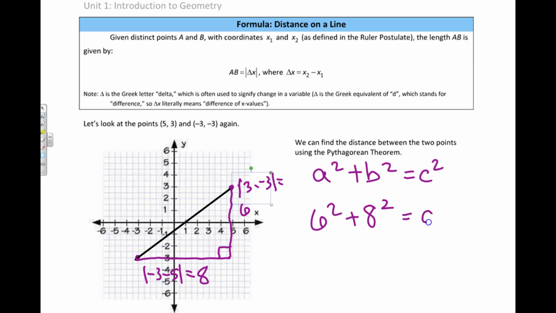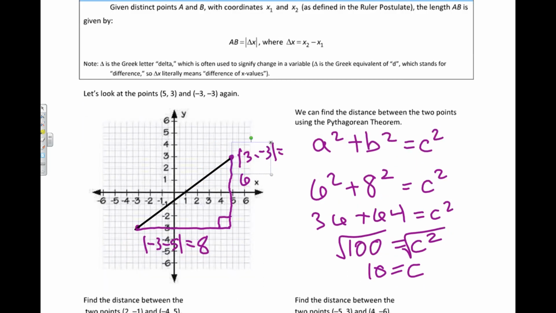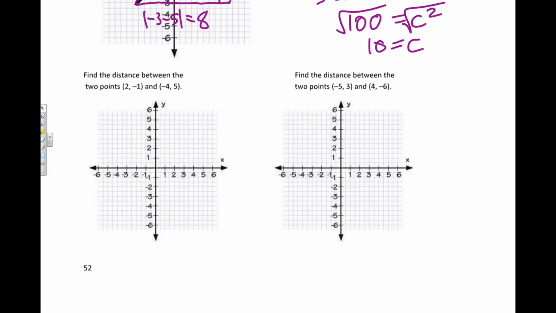And I'm hunting for that c squared. Well, that's 36 plus 64 equals c squared, or 100 equals c squared. Take the square root. So I get that 10 is in fact the length of c. So I can find the length of this segment using the Pythagorean theorem. So you can actually do that on these guys down here too.